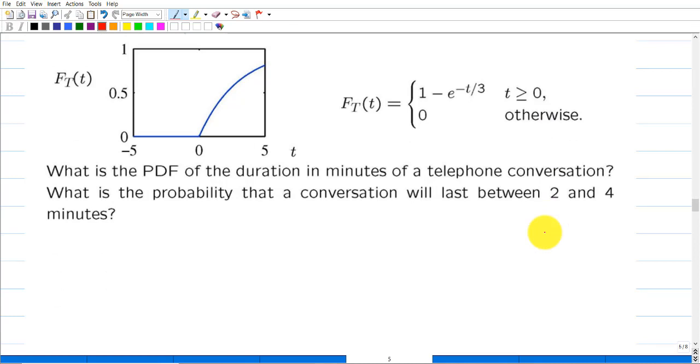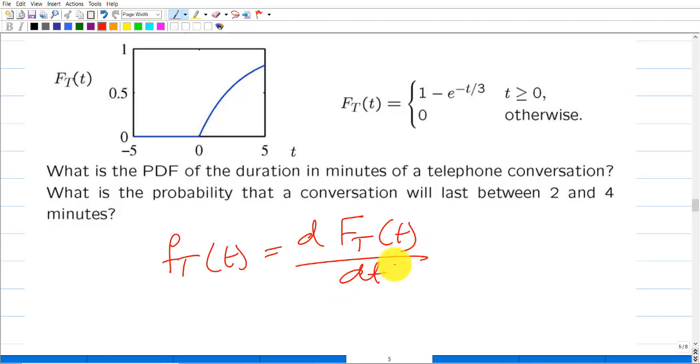From the CDF, finding the PDF is quite straightforward. We just have to differentiate this CDF to calculate the PDF. If we differentiate it, this would be 0. So minus minus plus, and this will be 1 over 3 e raised to power minus t by 3 for t greater than or equal to 0, and 0 otherwise.